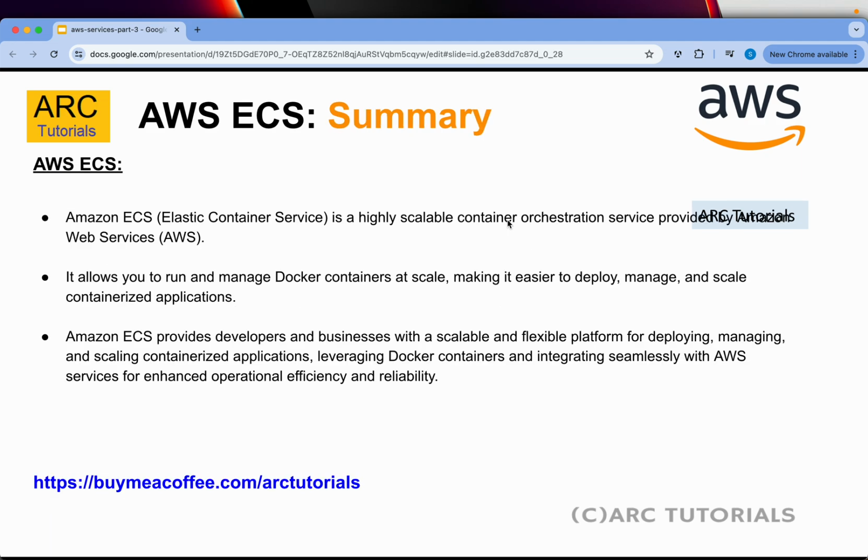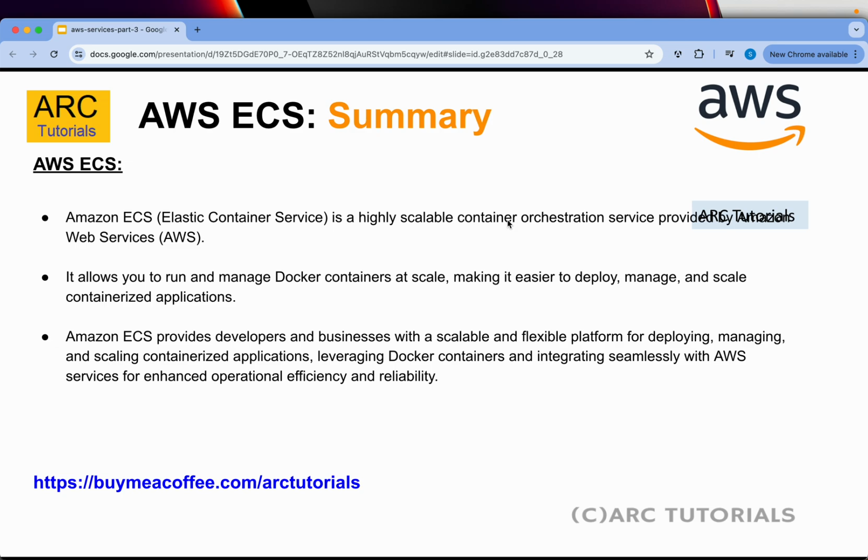Alright, so ECS stands for Amazon Elastic Container Service. What that means is that it's a highly scalable container orchestration service provided by AWS. If you're new and you don't know what is container orchestration, let me give you a brief about it. In most real-time applications we run, in enterprise complex applications we spin up something called Docker containers.